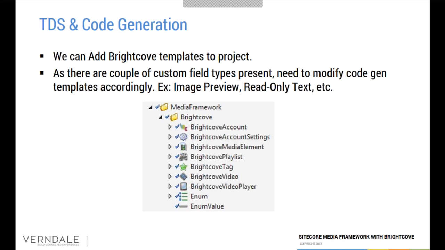When we add these field types, we need to take care of what exact type we want to generate, so that you can read it directly through the model. That would be it for TDS and code generation.